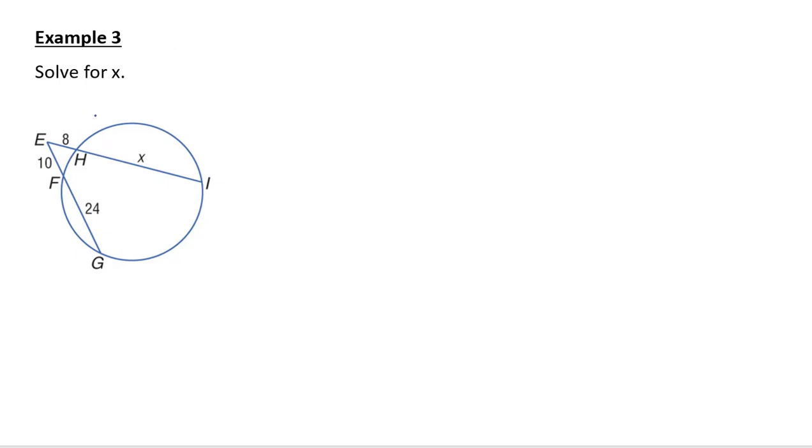Solving for x here. Always remember, the part outside is 8, times the whole segment. The whole segment isn't x, it's x plus 8. That is equal to the piece outside, 10, times the whole segment, 10 plus 24, that's 34.